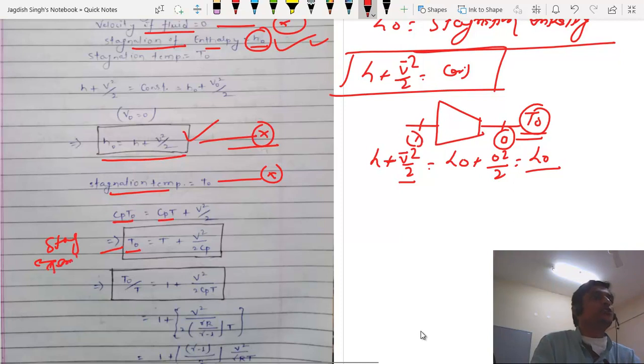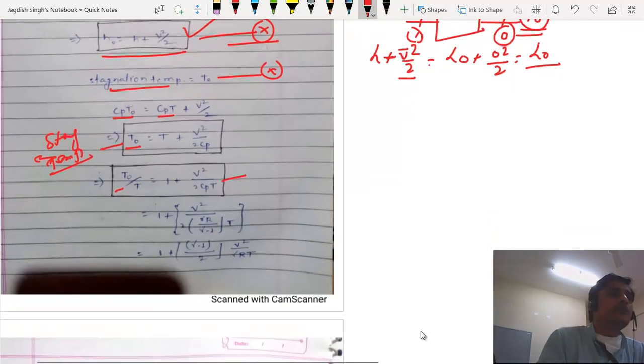So T naught is equal to T plus V square by 2CP. By dividing by T, T naught by T is equal to 1 plus V square by 2CPT. We know CP is equal to gamma R by gamma minus 1. So just put the value of CP in this equation.